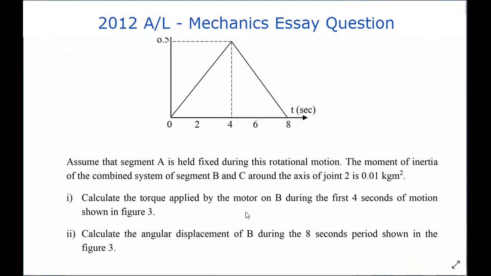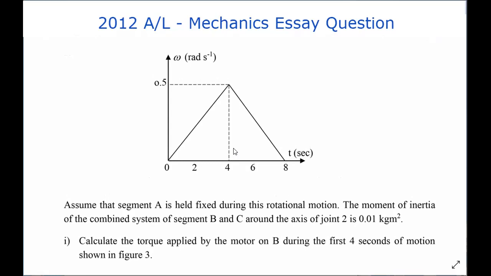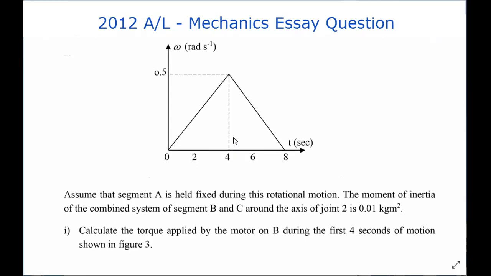Calculate the torque applied by the motor during the first 4 seconds of the motion. So during the first 4 seconds, what will happen there? Whether you have obtained the answer or not, in part B, draw this graph.